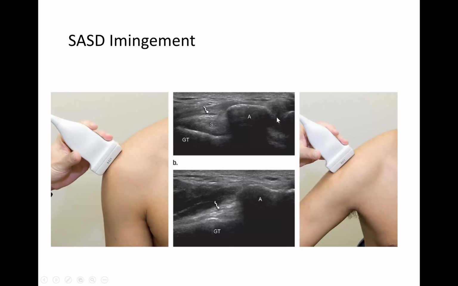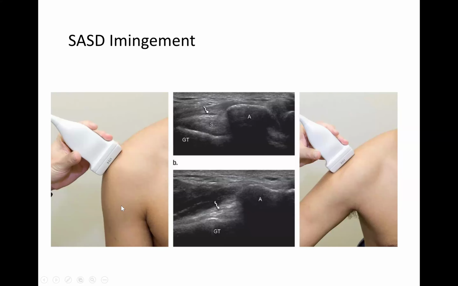After examining the acromioclavicular joint, we move the probe a little down so that I'm able to see the supraspinatus without moving the hand from the modified grasp position.